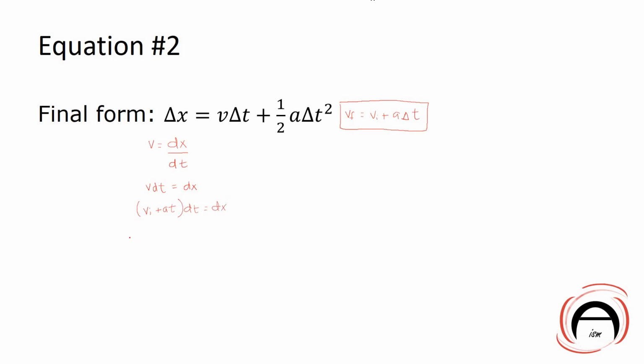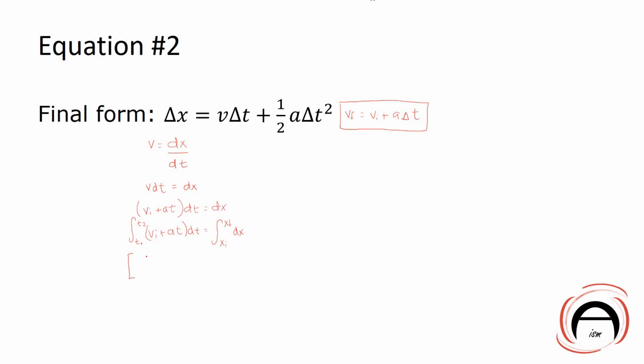So just integrating this again, with our bounds being t1 to t2 again, the integral of v initial plus a times t dt is going to be equal to the integral from your x initial to your x final of dx. Integrating this, just remembering the integration rules, or what we did on the last slide.